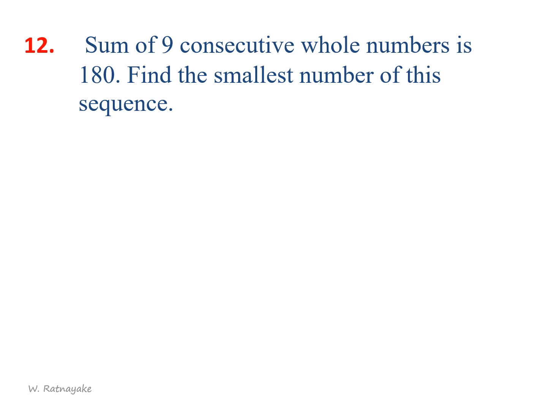These are consecutive whole numbers, 9 whole numbers. 9 is an odd number. If the number of terms of an arithmetic progression is an odd number, there must be a middle term. Here the middle term is the 5th one.